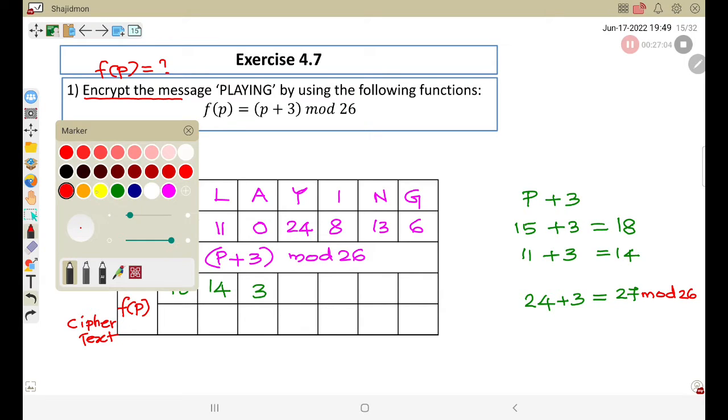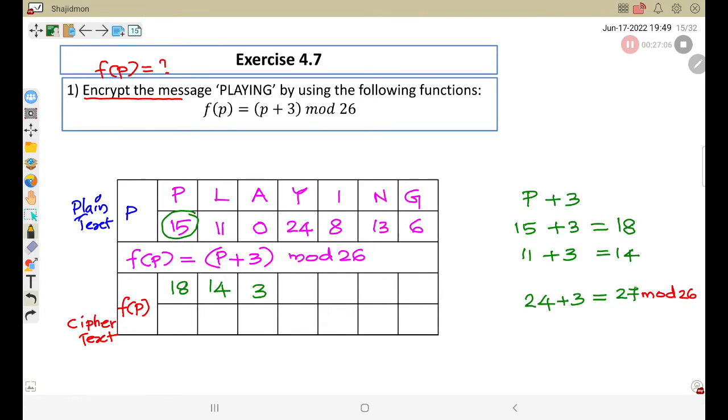I told you the shortcut method already: 27 minus 26, subtract, equals 1. I hope you understood. So here, careful, it is 1. Now 8 plus 3 is 11, 13 plus 3 is 16, and 6 plus 3 is 9.